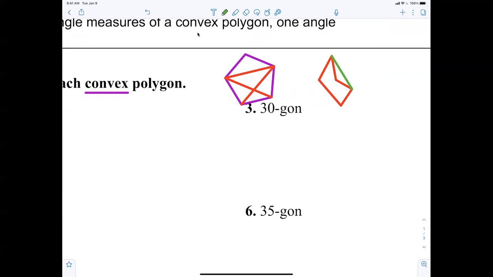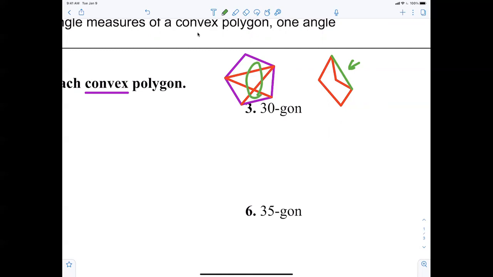Convex means all of the diagonals are on the interior. Concave means that a diagonal, which is just a segment drawn from two non-consecutive vertices, that creates a diagonal. So this diagonal is on the exterior, whereas all of these diagonals will be on the interior.